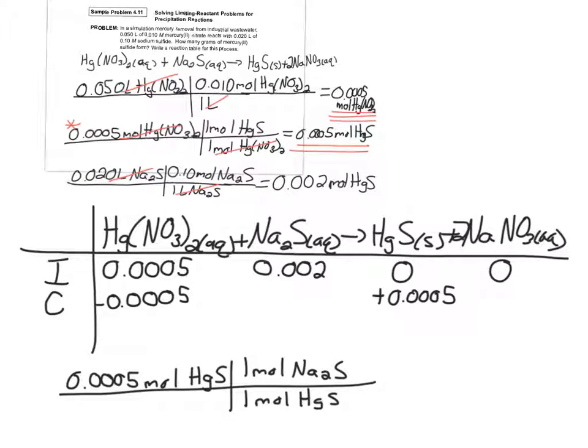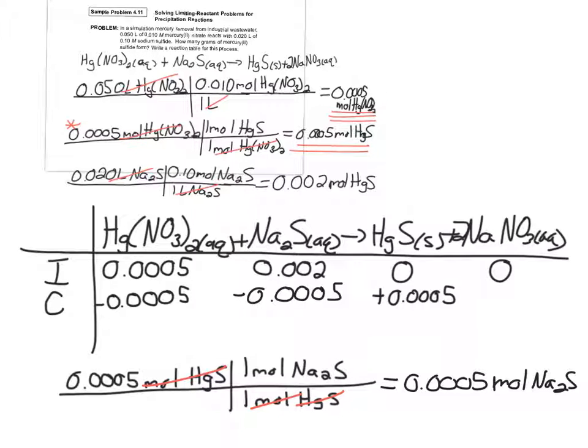And check it out, I got that directly from the balanced equation. For every 1 mole, I got 1 mole. So I'm converting here. That means I used up 0.0005 moles of sodium sulfide. If I check my units, moles of mercury sulfide cancel with moles of mercury sulfide. So that means minus 0.0005 here for the sodium sulfide I used up.